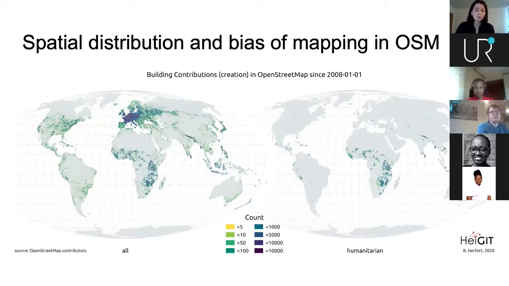So that's the overall footprint. And then on the right-hand side, you see all the areas where humanitarian mapping has added a lot. So on the right-hand side, it's all the buildings that have been edited through the HOT Tasking Manager. And you see that this is having a big impact in some regions, especially here, again, Western Africa, Central Africa, Nepal, Southeast Asia.